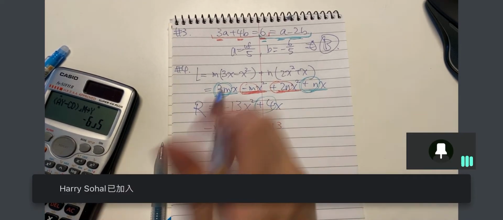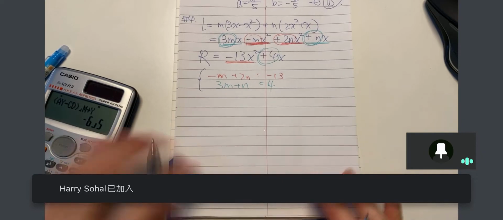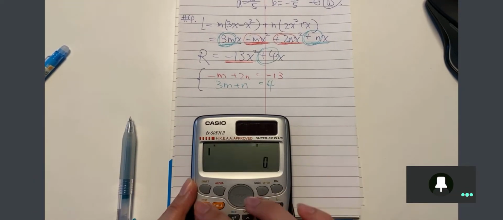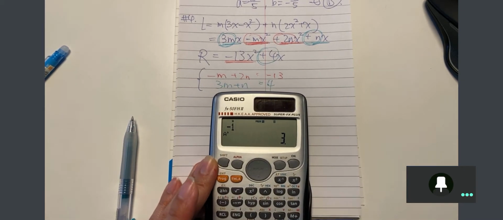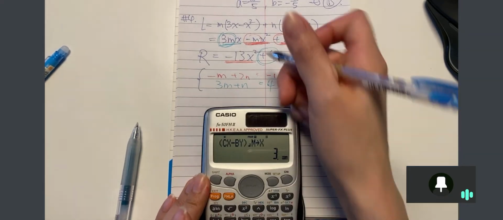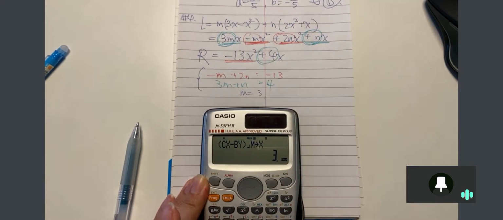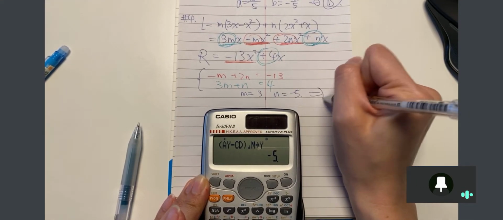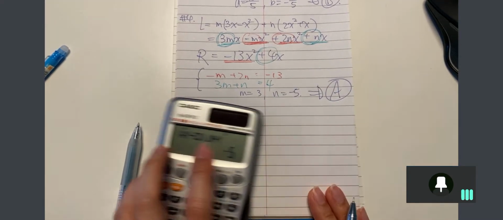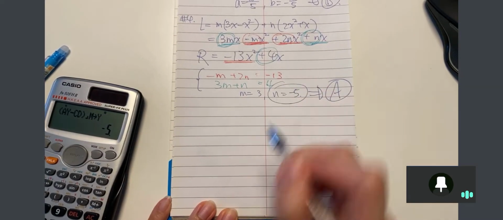Okay, this is also a simultaneous equation. You can simply use program 1, input -1, 2, -13, 3, 1, 4. You can see m equals 3 and n equals -5. So the answer is A, since it is asking about n.